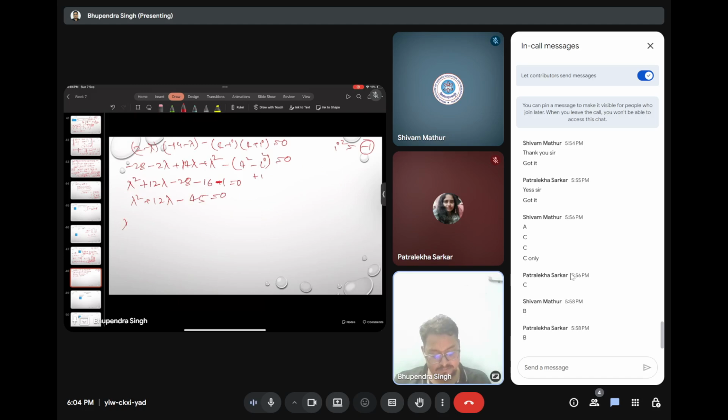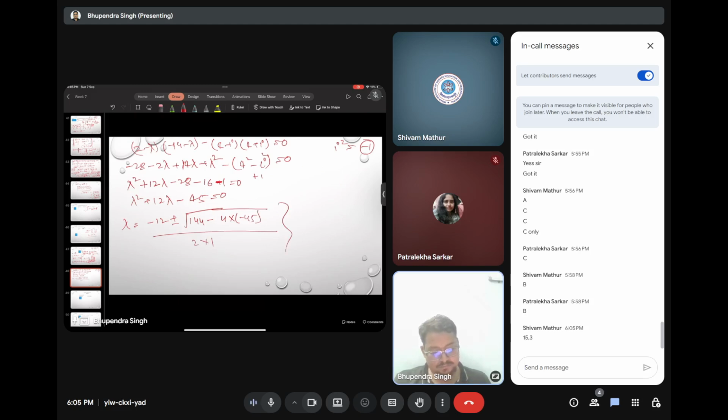So try to find the value of minus b plus minus root of b square minus 4ac, where a is 1 and c is minus 45, divided by 2a, so 2 into 1.